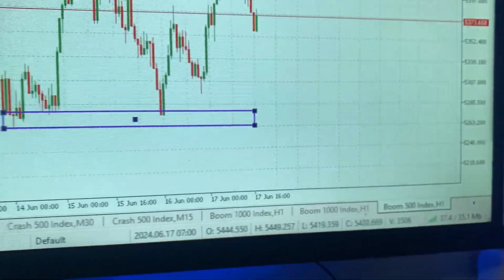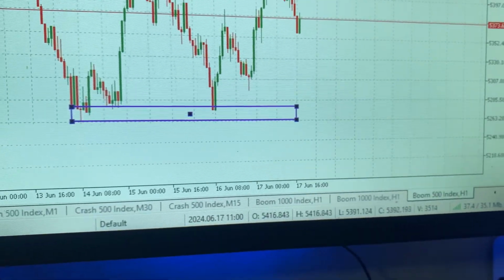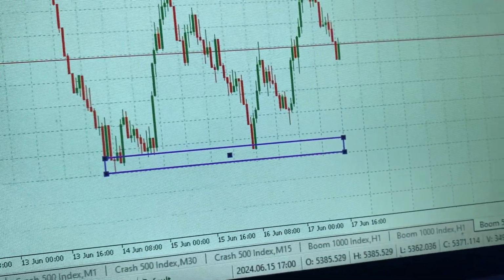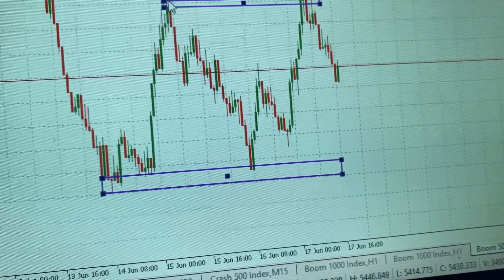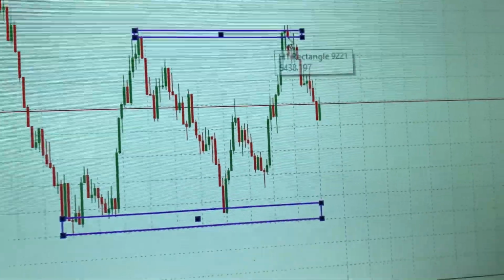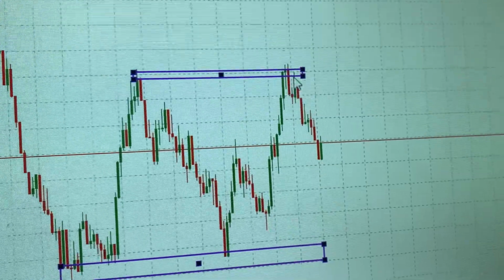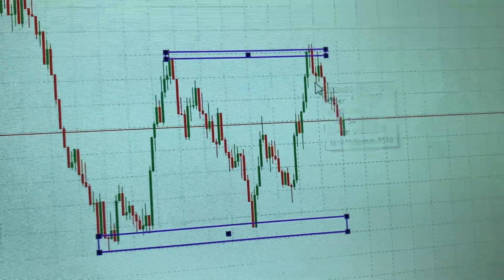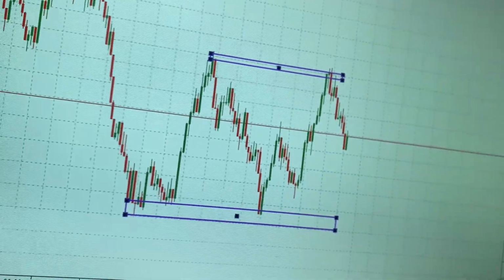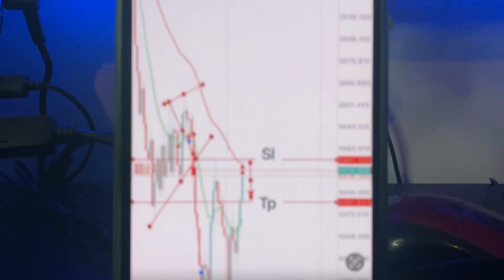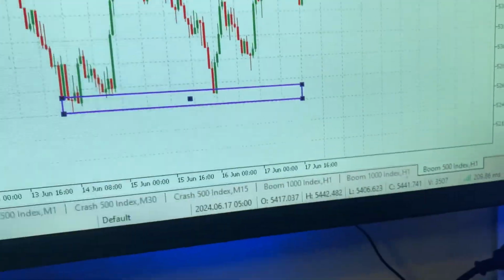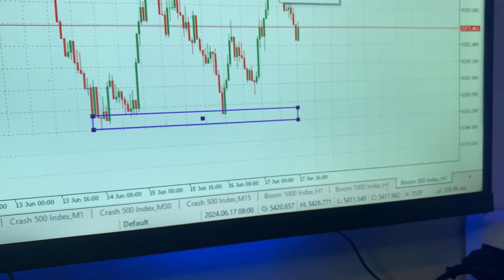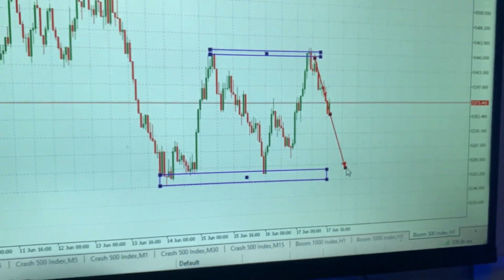So we then realized that if price failed to go past this point because of a resistance, it means that the next time price comes back to this zone, we should be able to go down. And that's when we said, let's sell Boom 500. And as you can see, we managed to sell from that point going all the way down.